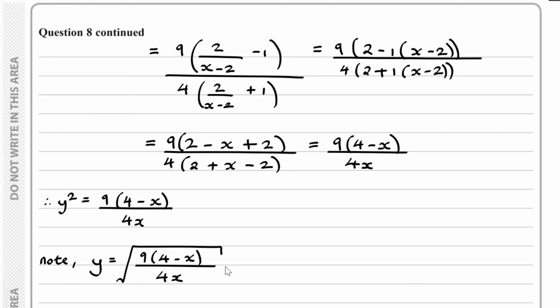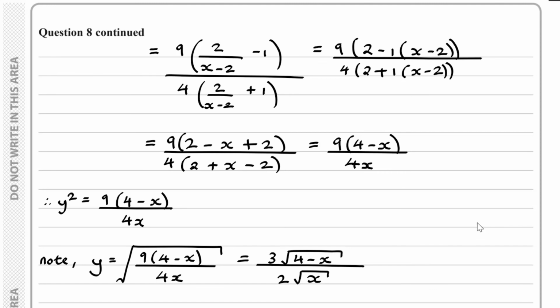So we have 3 lots of the square root of 4 minus x over 2 lots of the square root of x.